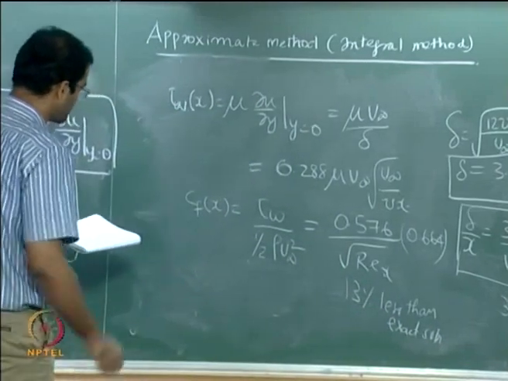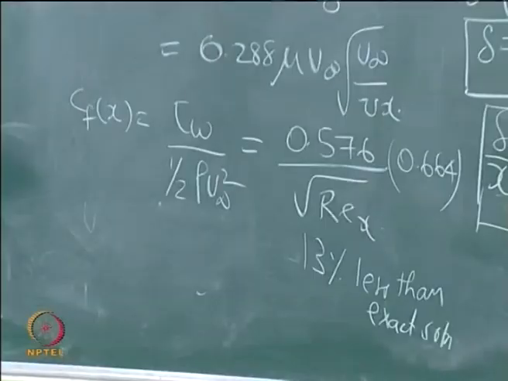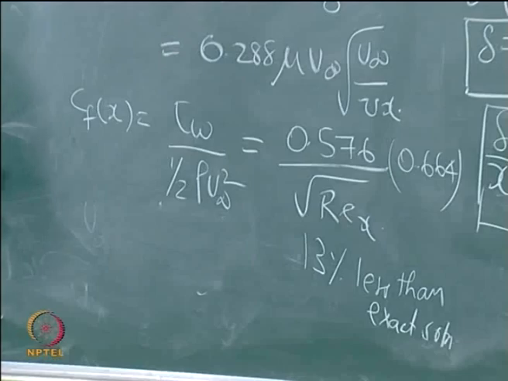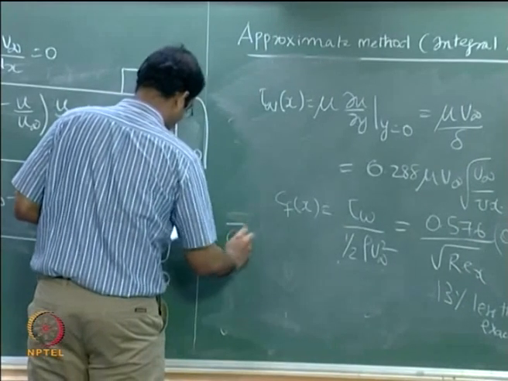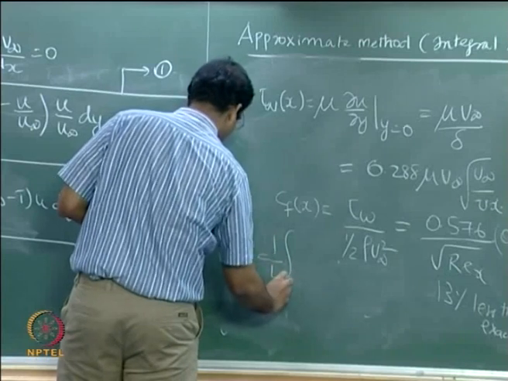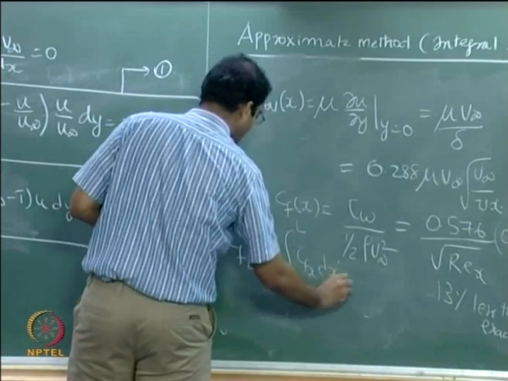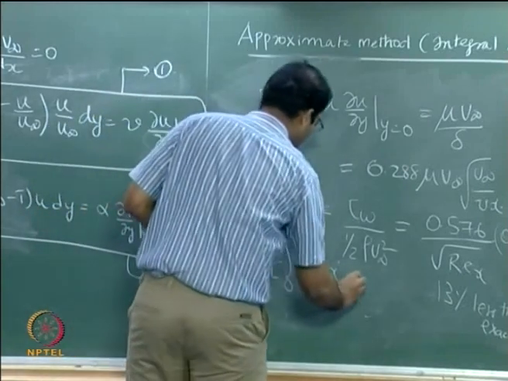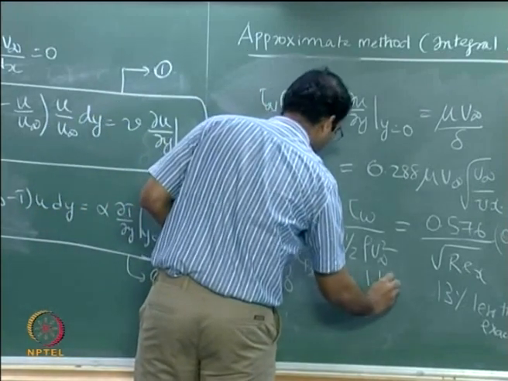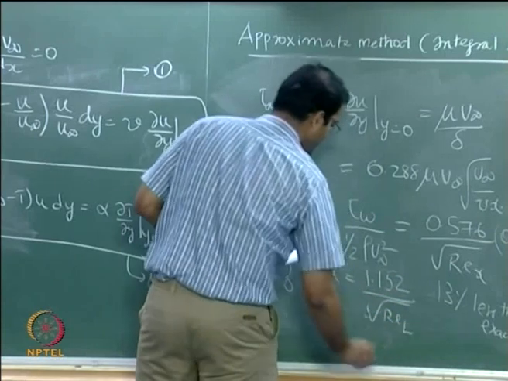If you also go ahead and integrate the local skin friction coefficient over the plate and calculate the average skin friction coefficient for the entire plate, that is your C_fL equal to 1 by L, integral 0 to L of C_fx dx, we will end up with the expression 1.152 by square root of Re_L.